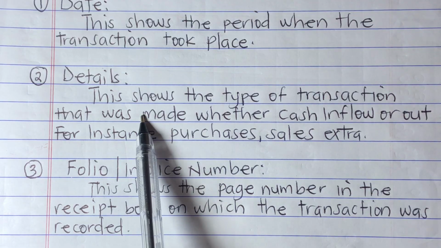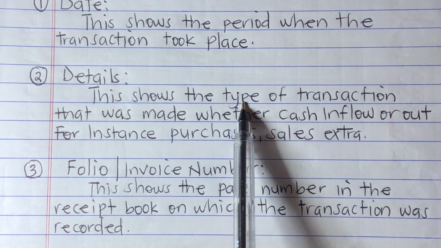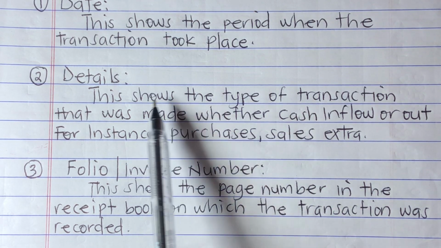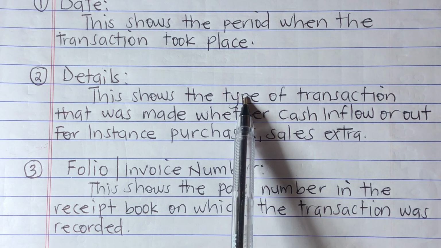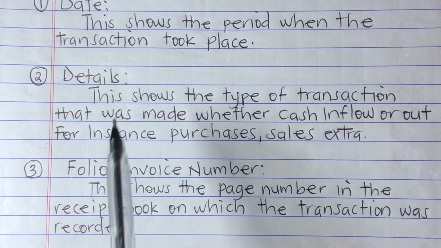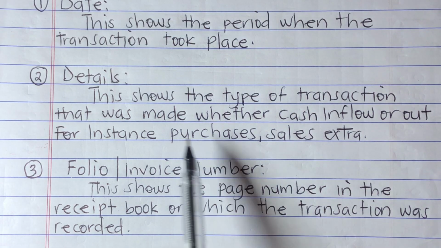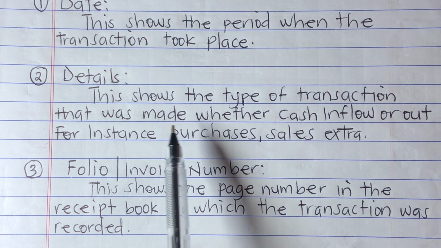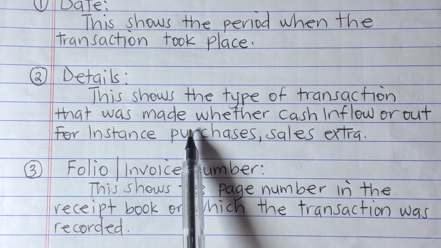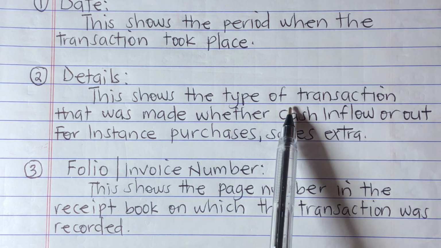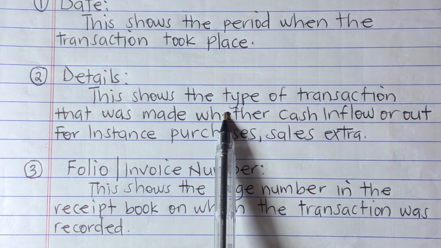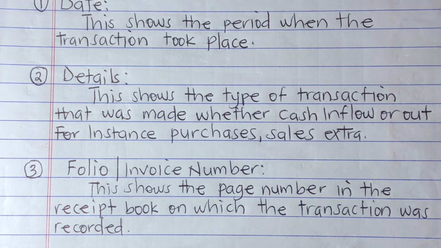If we purchased goods for cash, say 100,000, the details we put is purchases. If we have cash sales of 100,000, our details are going to be cash. If we bought furniture, furniture becomes our details. So this records the type of transaction carried out in a specified period of time.